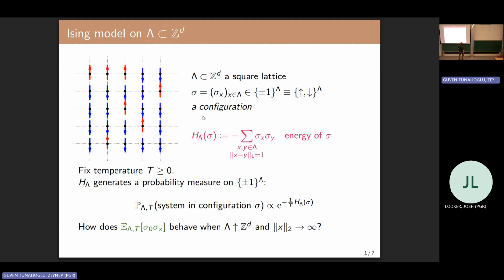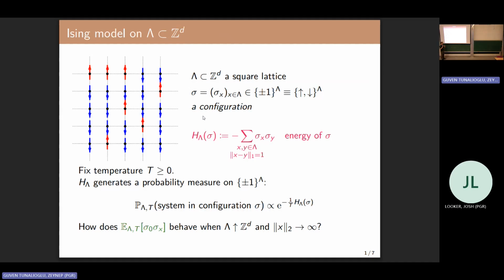And then what we're interested in is if you look at spins at two sites 0 and x, and we make this site distant, which means that we increase the size of the lattice to the entire Z^d, which we call the infinite volume limit. And if we then set x to infinity, so basically we look at the product of spins at 0 and some very distant site, we want to see what's the expectation of it under this probability measure.